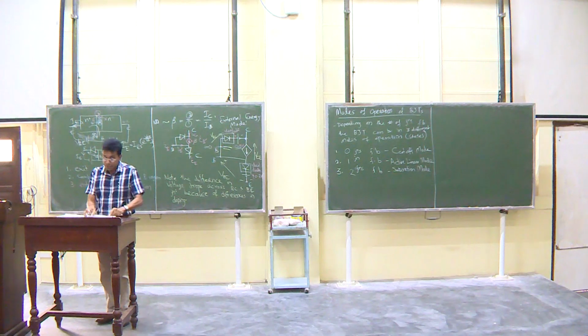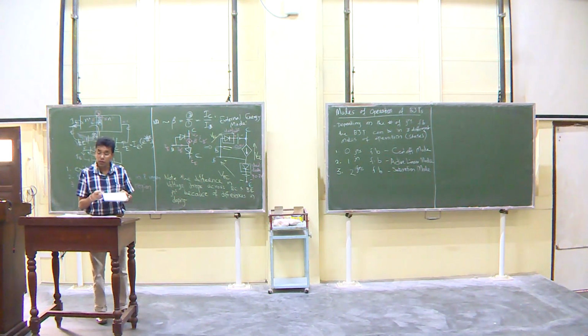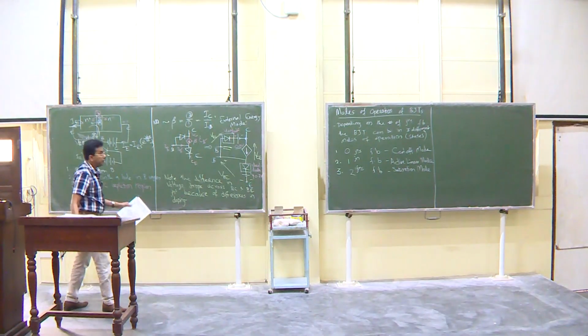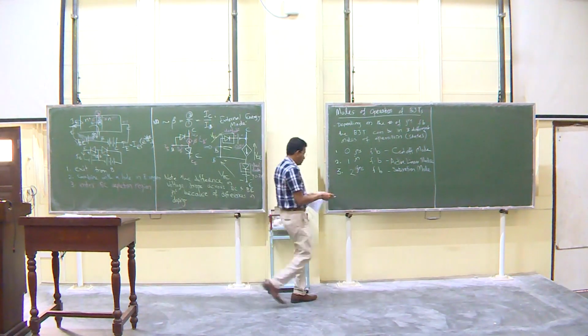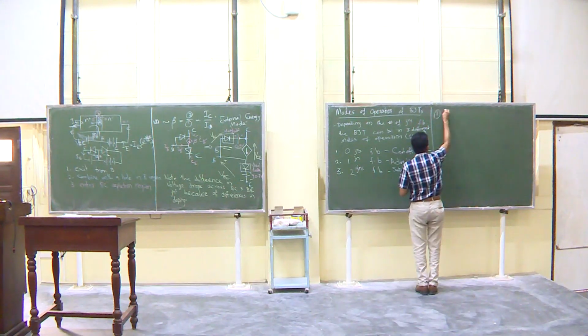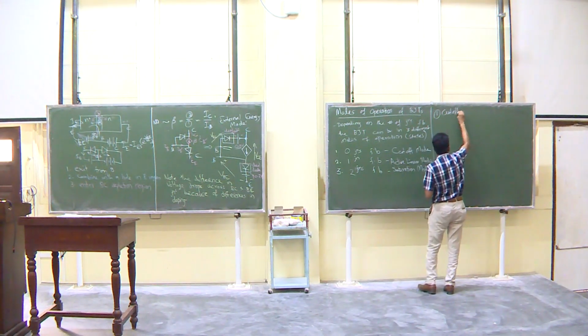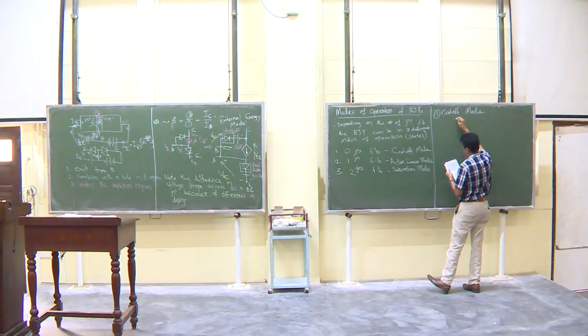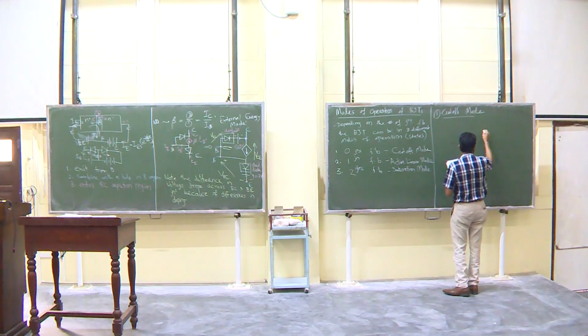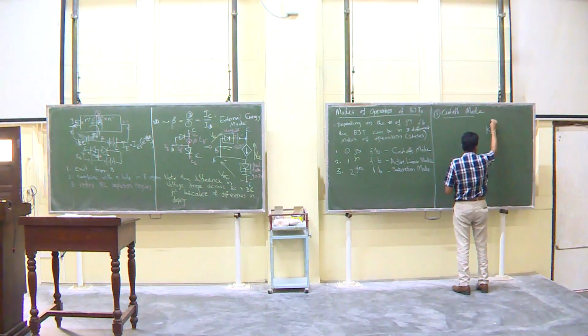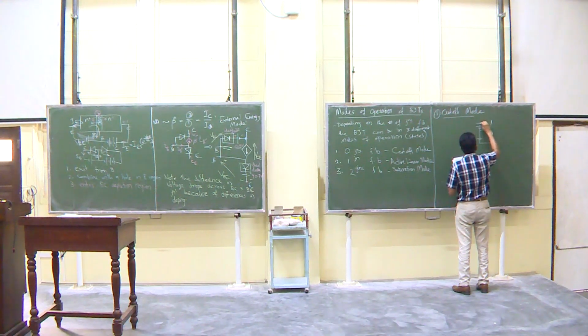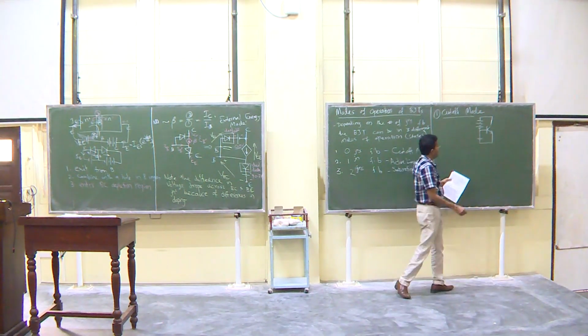Let us now look at each of these modes and how we can model the BJT in each of them. So, the cutoff mode. We want to look at models. The transistor is biased in such a way that this is forward biased and this is reverse biased. So, this is the circuit.